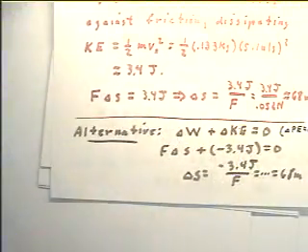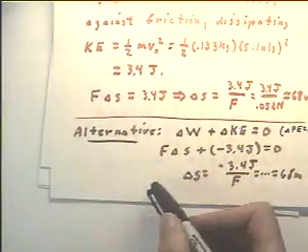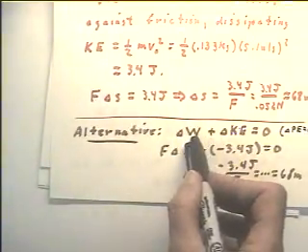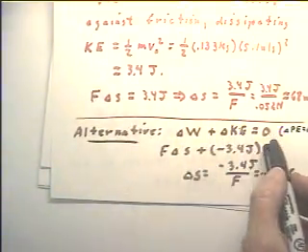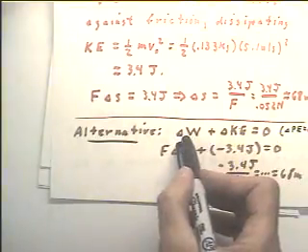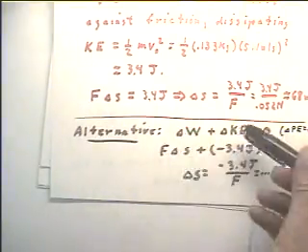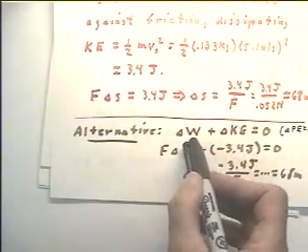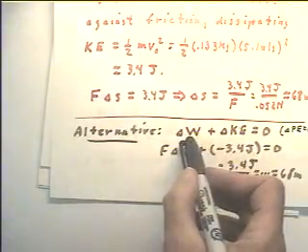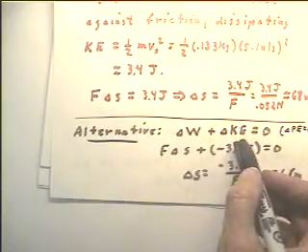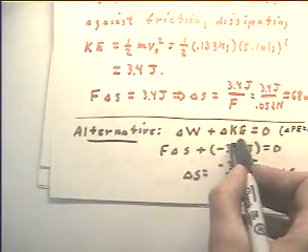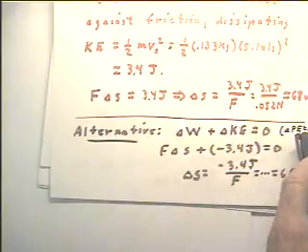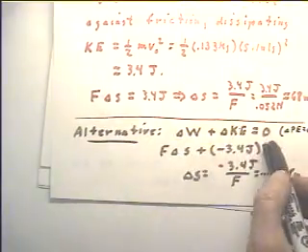As an alternative, the work done plus the change in kinetic energy plus the change in potential energy should equal 0, according to what we've seen before.